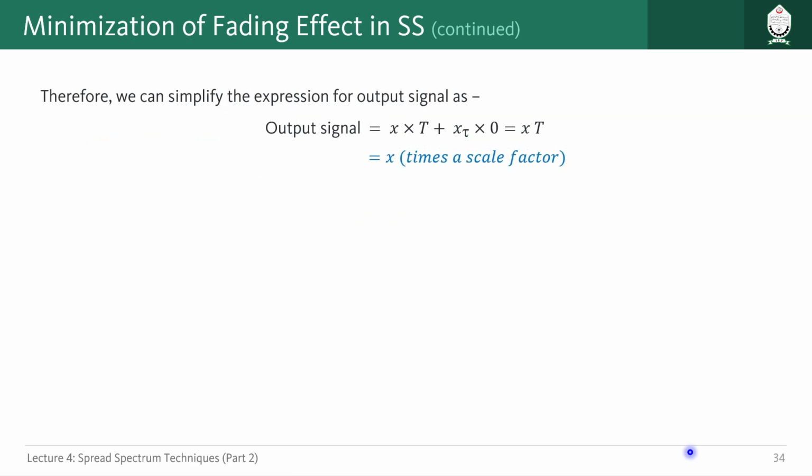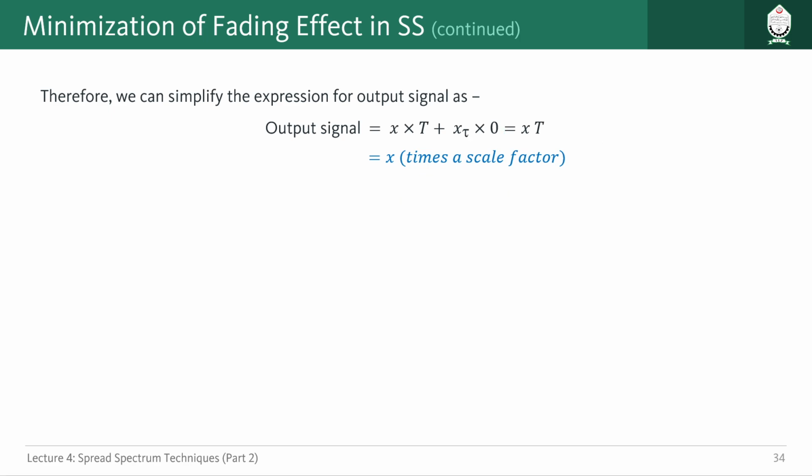So finally, by using this assumption, we can get our final output signal, which is x multiplied with T, and this portion will be omitted, and finally we are getting this result. This is just x of t multiplied with a scaling factor. So finally we are getting our input signal x of t coming from the direct line of sight path, and the non line of sight component here is omitted, right?